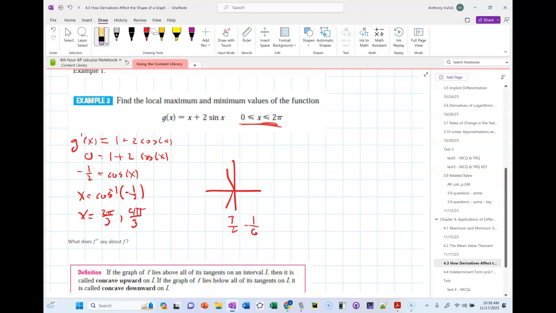Okay, that's what I thought it was going to be. So those are those.